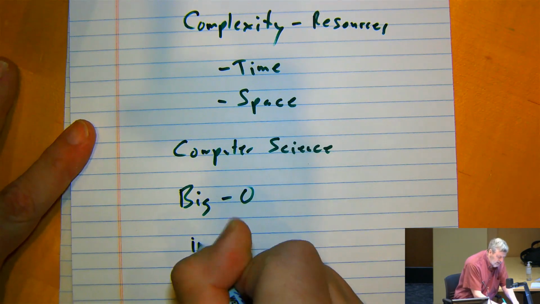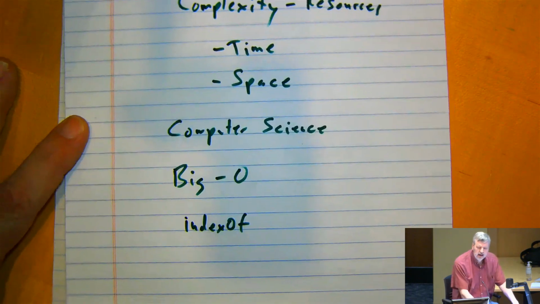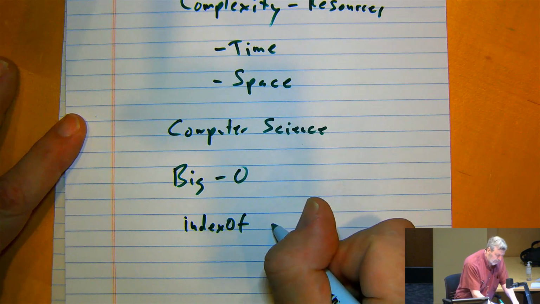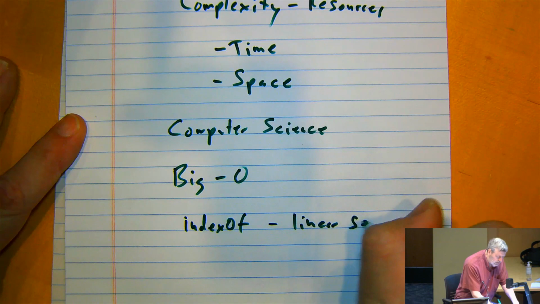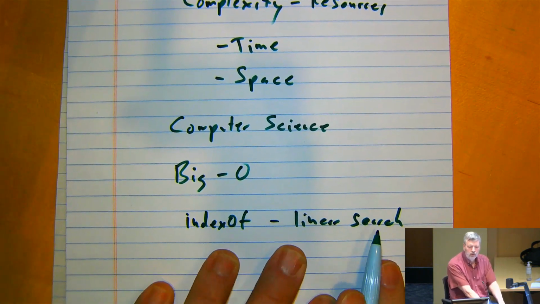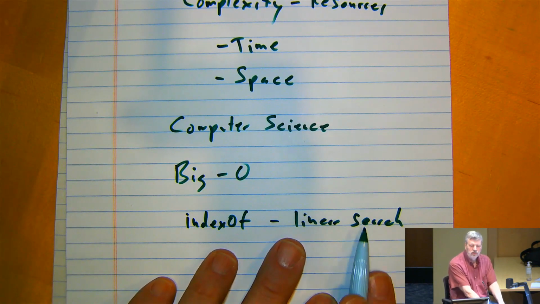Index of was a method that we wrote for both the array int list class and the linked int list class. And it's an example of what we would call linear search. We've seen actual code, but it's also a well-known algorithm to search in a linear manner, from beginning to end through a sequence of values and see if something is there.